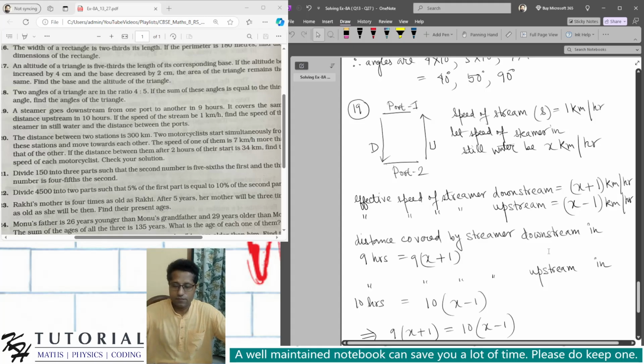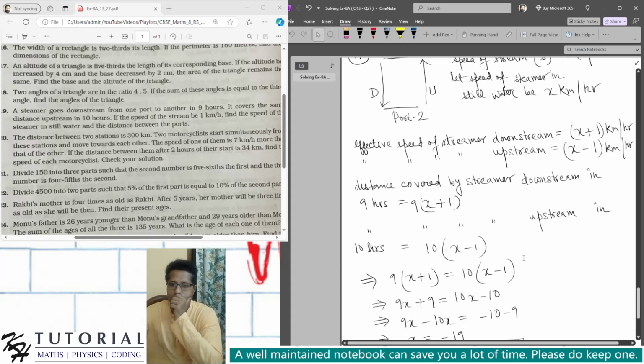And from the effective speed and the time taken, you find the distance covered in both downstream and upstream and equate them, because the distance is the same.